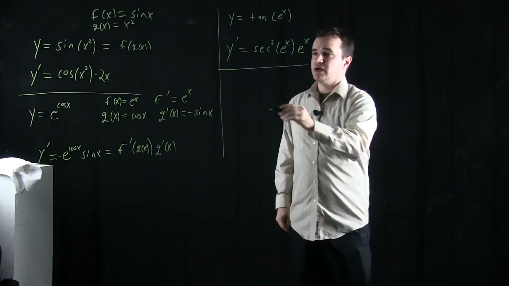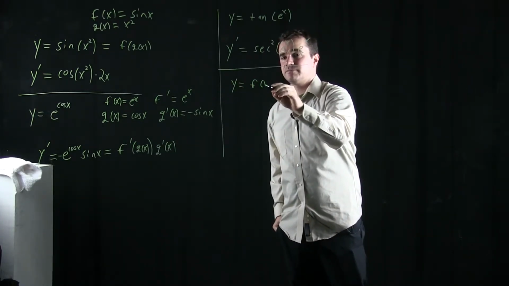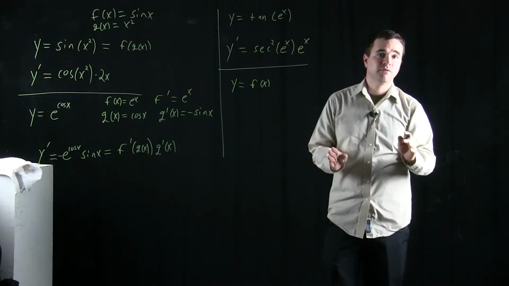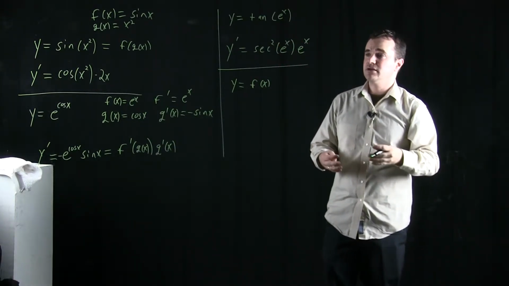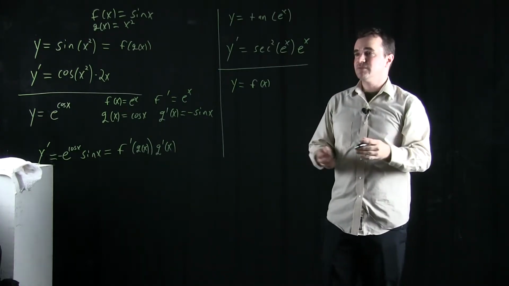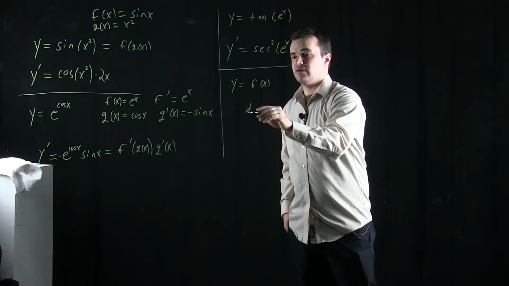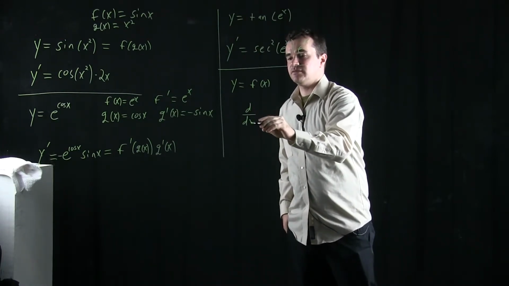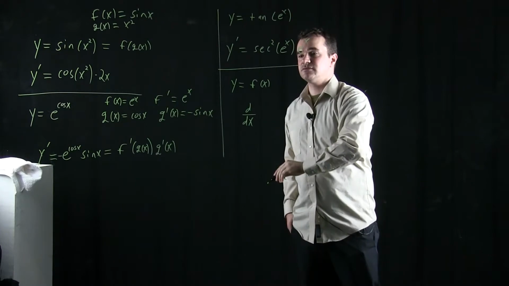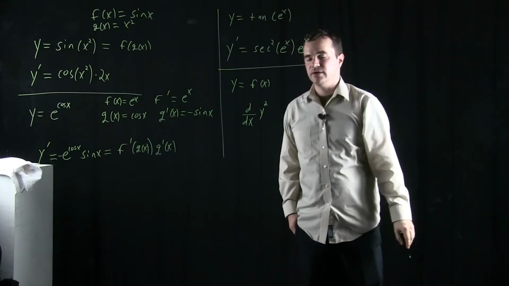So say that I have y equals f of x. But this time I'm not going to give you a formula for f of x. I'm just saying y is equal to some function. It could be any one of those. It could be something else. And say that in Leibniz notation now, I want to take the derivative. This is Leibniz notation for taking the derivative of y squared.